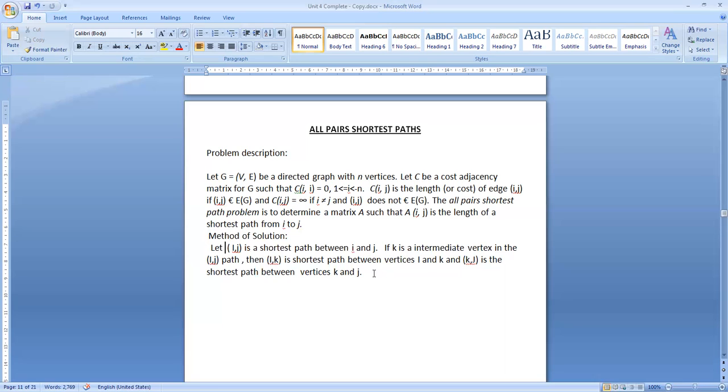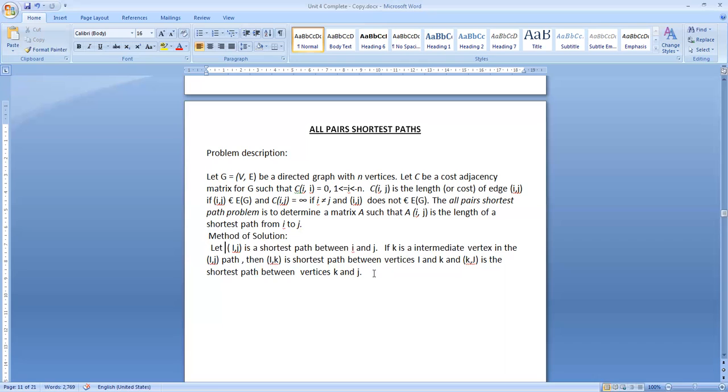So we are taking the decision on finding the intermediate vertex k. Once such an intermediate vertex k is found, the shortest path between vertex i and k is found, and similarly the shortest path between k and j is found.